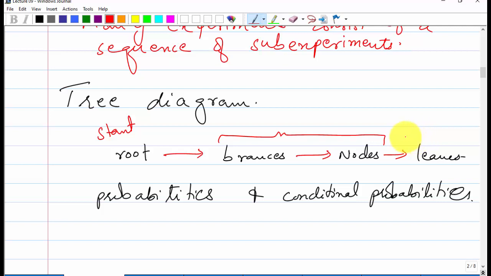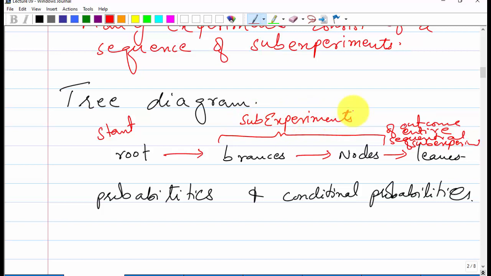So it's actually the outcome of the entire sequential sub experiment. So these are sub experiments.